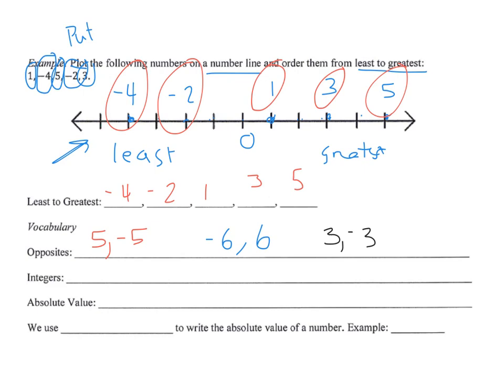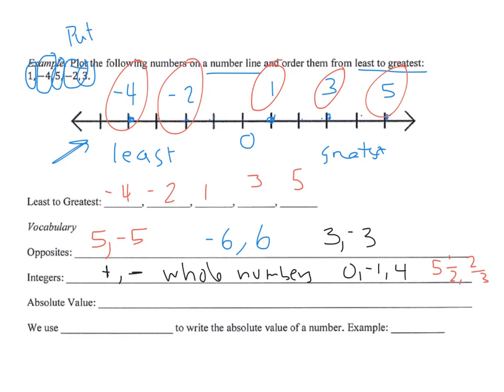Integers, like we said before, are positive or negative whole numbers. So 0, -1, 4, those are all integers. Numbers that are not integers are 5.5, 2/3. Okay, those are fractions or decimals.